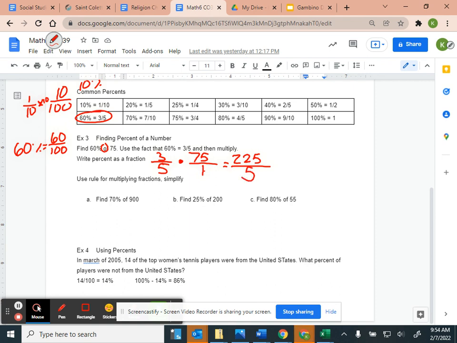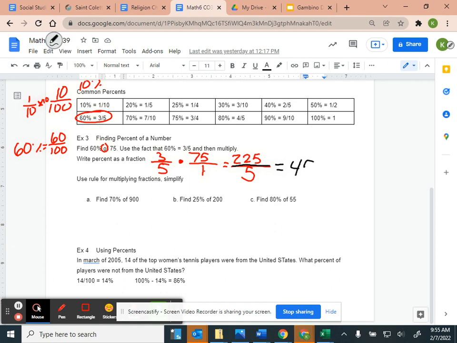That is not my answer. I need to do my final step. What do I do with this fraction bar, Nolan? Divide. So I need to take my 225 and I need to divide it by 5. That's my simplified. 225 divided by 5 will be... 45. Yeah.